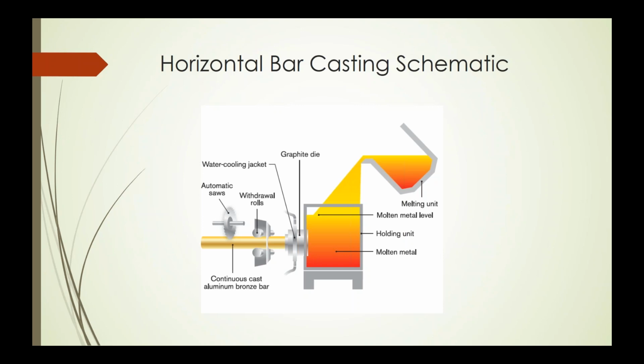Again, the molten metal level is relatively high. You're casting out of the sweet spot, or the full area of the casting furnace, and you can cut it off in lengths. You can make different shapes. It can be not just a round bar. It can be a square.